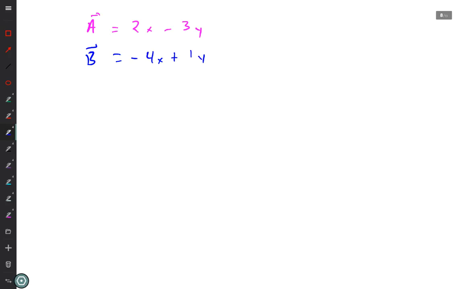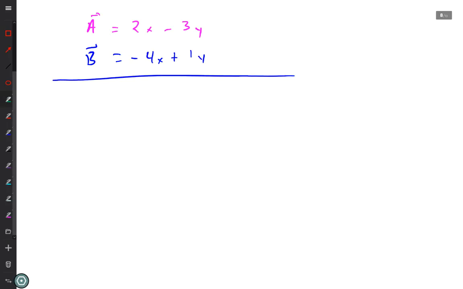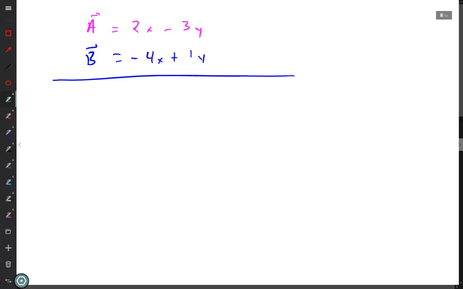I can do the components just by, as good old Mrs. Bird taught me in high school, apples add with apples, oranges add with oranges, or in this case, x's add together and y's add together. So I'll just take my x's. I had a 2 and a minus 4. 2 plus minus 4, everybody here knows is minus 2. It would be insulting to suggest that you didn't.